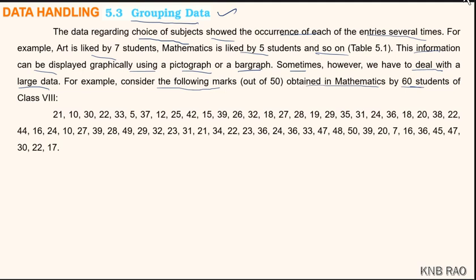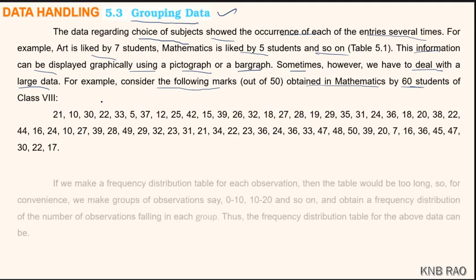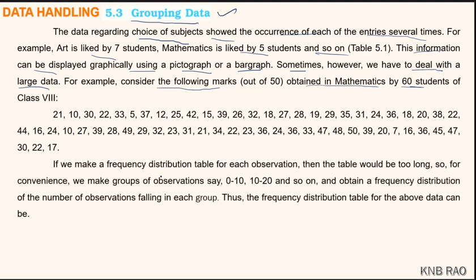Now, if you want to organize this data, it becomes a huge and big table, isn't it? So, if we make a frequency distribution table for each observation, then the table is too long. So, for convenience, we make groups of observations.